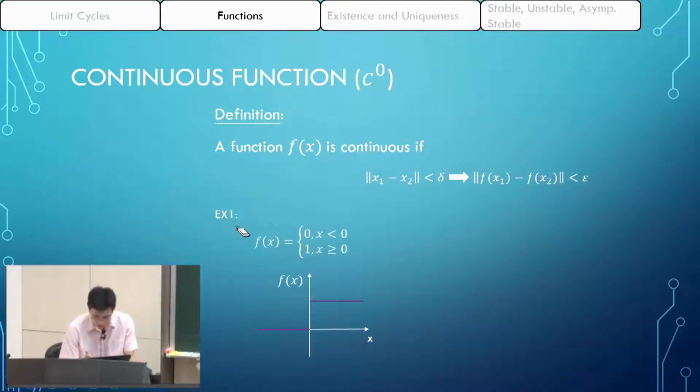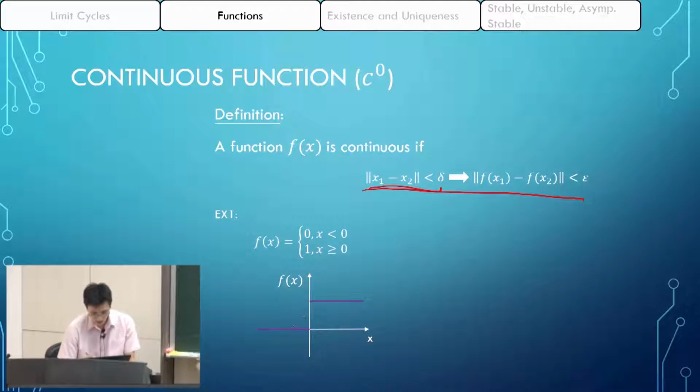A function is continuous if, say, any x1, x2 are very close, within a range of delta, then the difference between f of x1 and f of x2 will also be smaller than epsilon. Delta and epsilon are any positive numbers. If it satisfies this condition, we say the function is continuous.